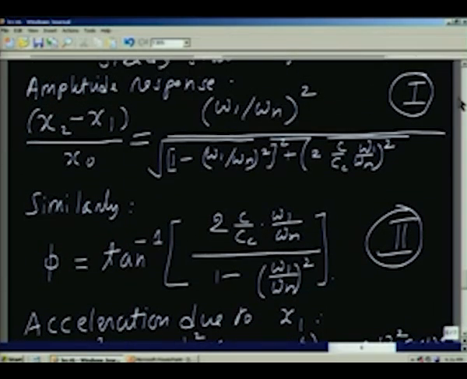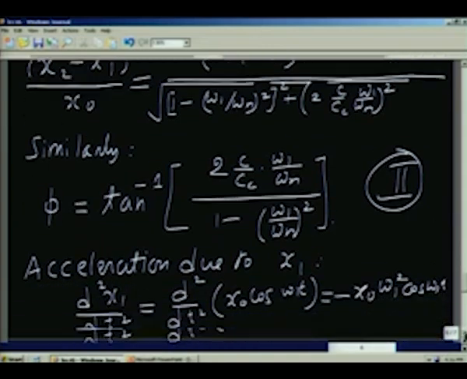There is already omega 1 squared here. So all I have to do is take this omega 1 squared out, because that is proportional to the acceleration. So, x2 minus x1 divided by x naught, if I take out this omega 1 squared, you can see that 1 over omega n squared multiplied with this whole thing is going to be the response due to acceleration. Therefore, equation 3 I can write down.